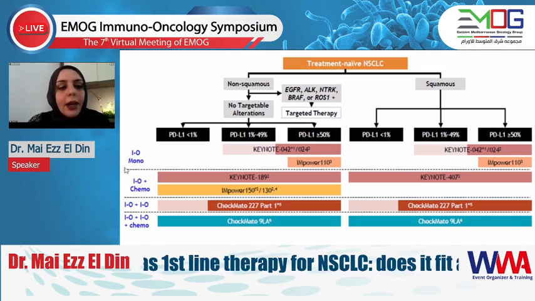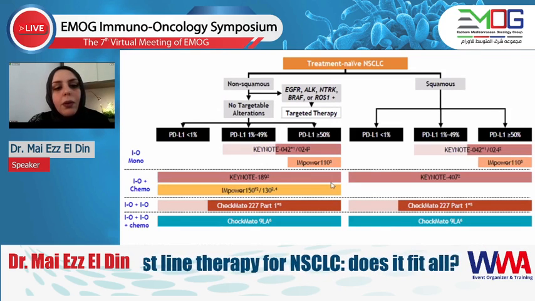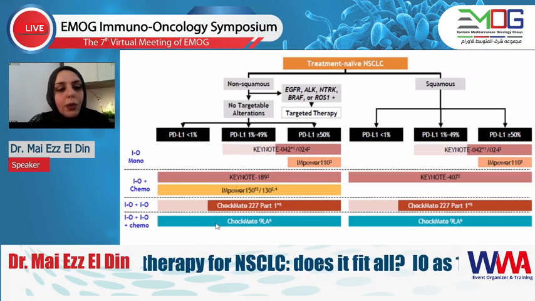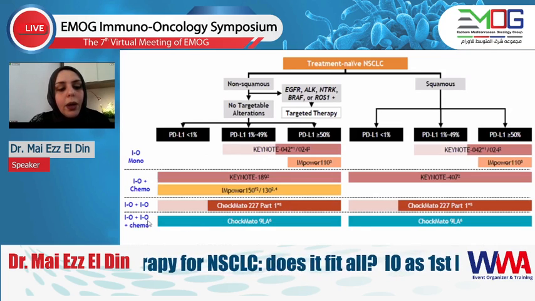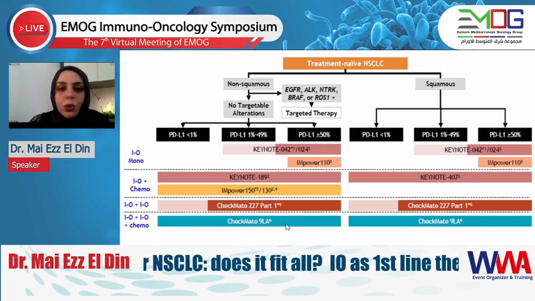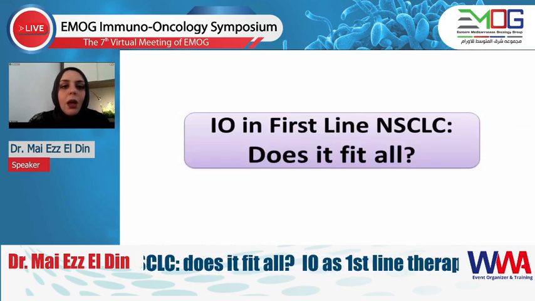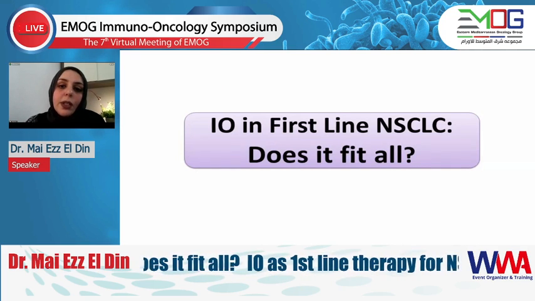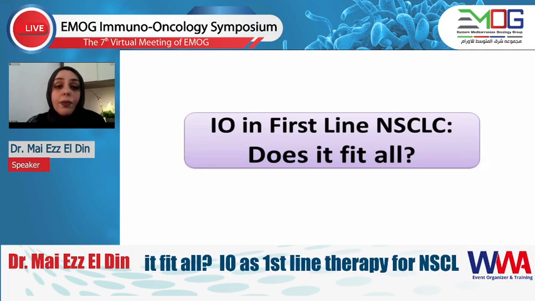You can consider adding IO and chemo here with atezolizumab or pembrolizumab. And for all-comers also, you can use IO with chemo, as in CheckMate 9LA, with an abbreviated course of chemotherapy. So coming back to our first question: does first-line IO in non-small cell lung cancer fit all?